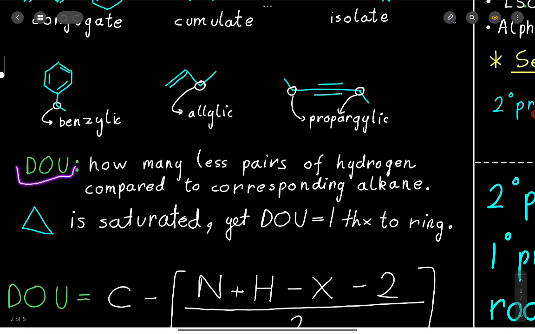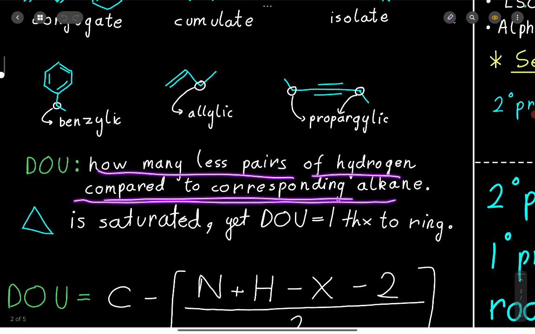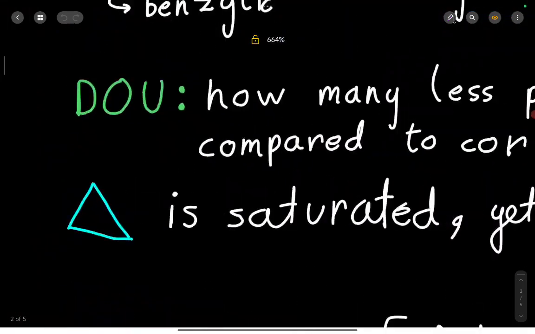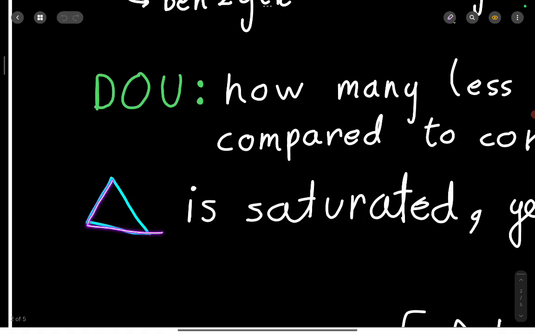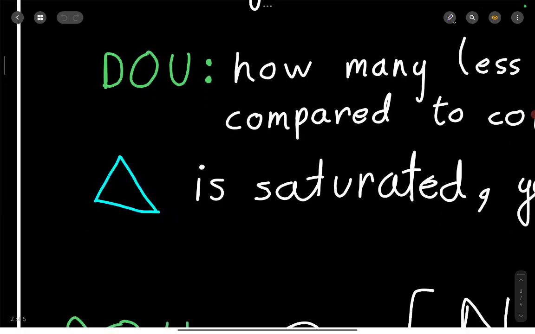Degree of unsaturation is a measure of how many fewer pairs of hydrogen there are compared to the corresponding alkane. For example, this is a carbon chain with 3 atoms. The formula for this will be, actually there are 2 bonds here, so this will be 2 hydrogen here, 2 hydrogen here, because carbon can only form 4 bonds in neutral state.